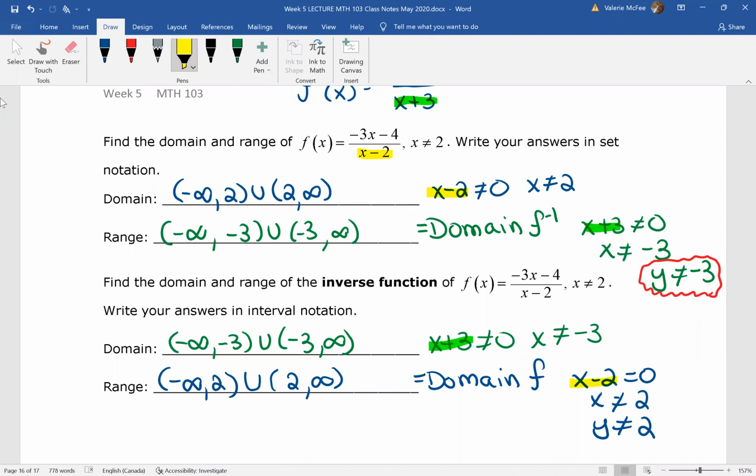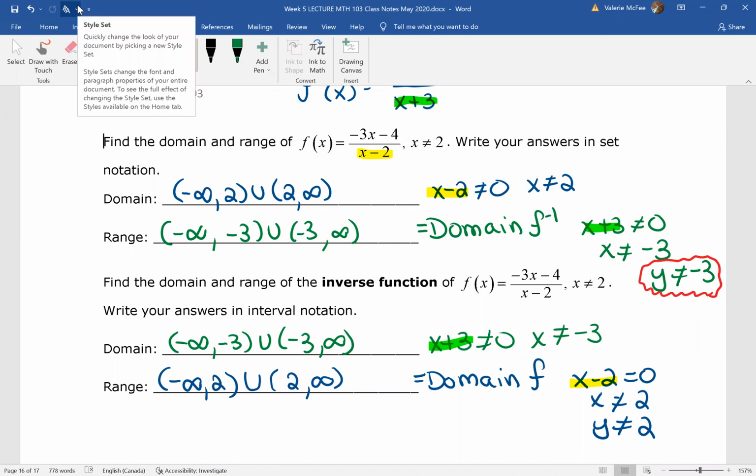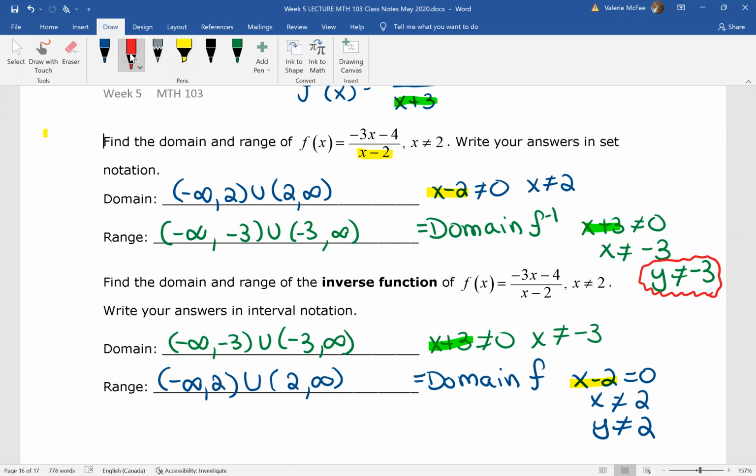And the range of the inverse function is equal to the domain of the function where x cannot equal 2, and therefore in the range, y cannot equal 2. And again, you should note that the domain of the function equals the range of the inverse function. The range of the function equals the domain of the inverse function. The domain and range simply switch places.